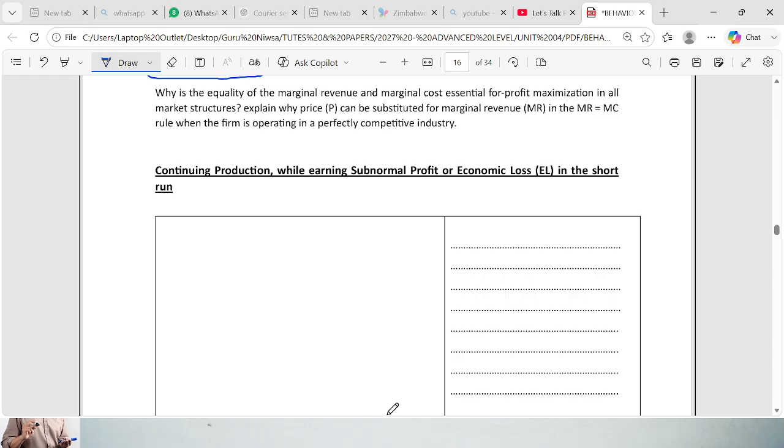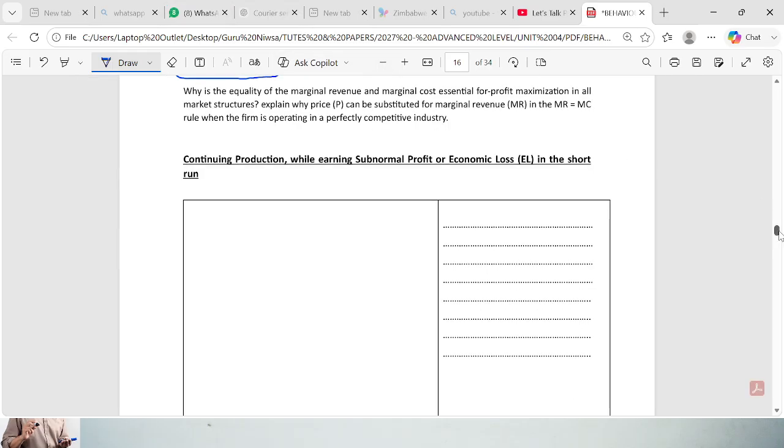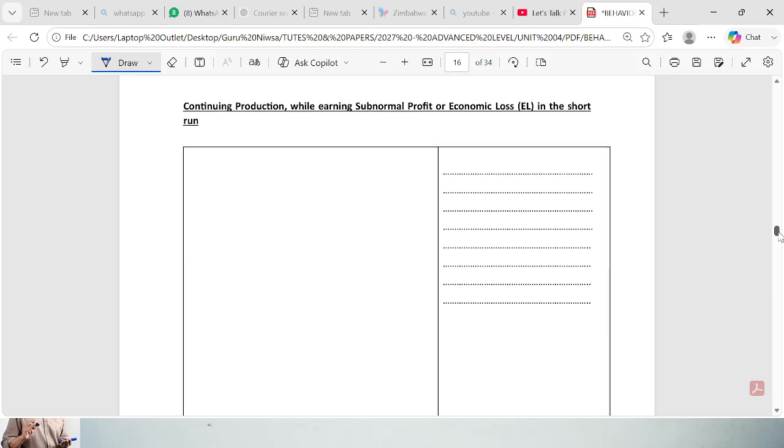Page number 16. Here the point is, remember, average total cost is greater than the price of the product.